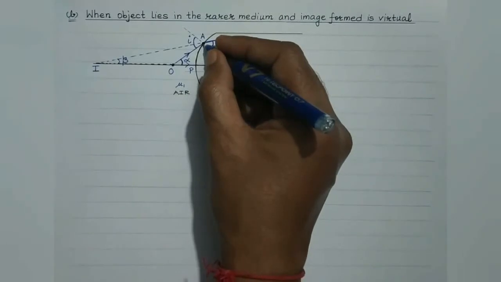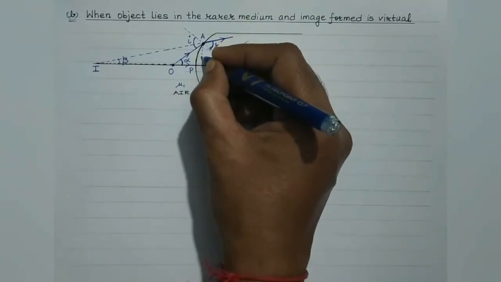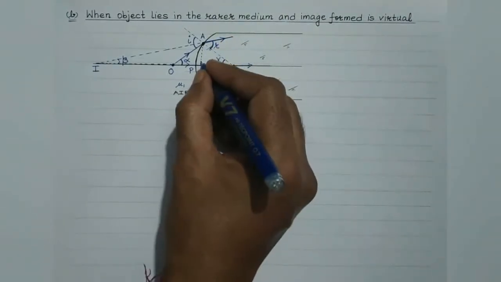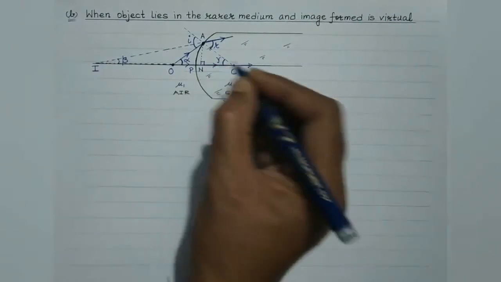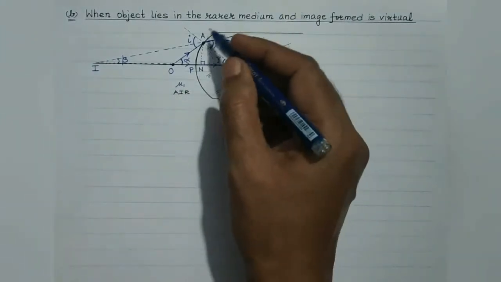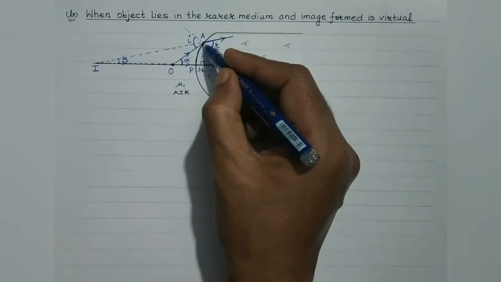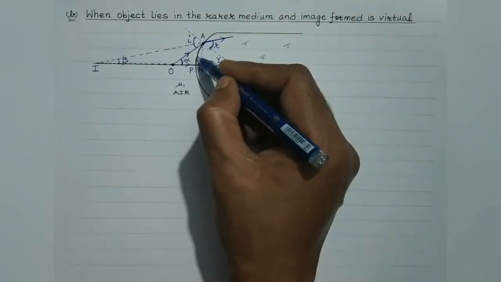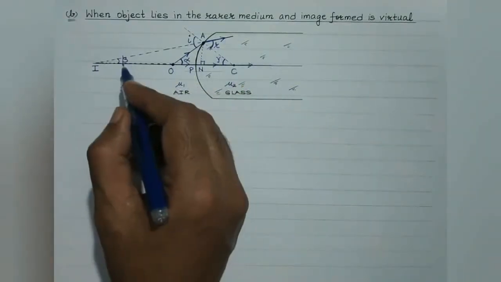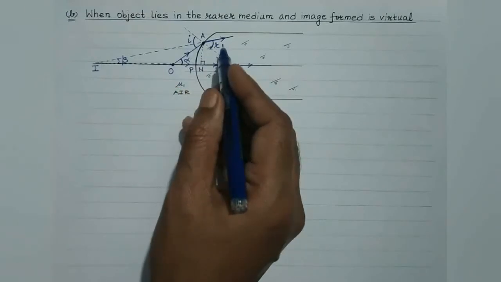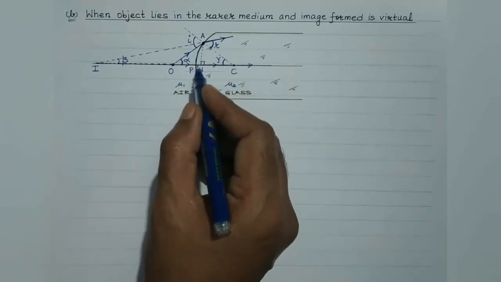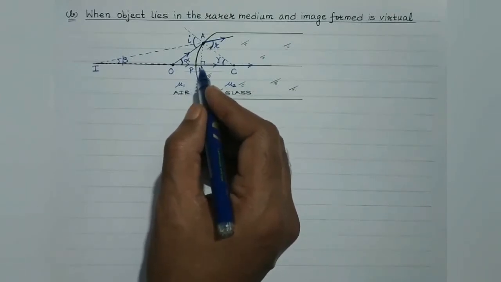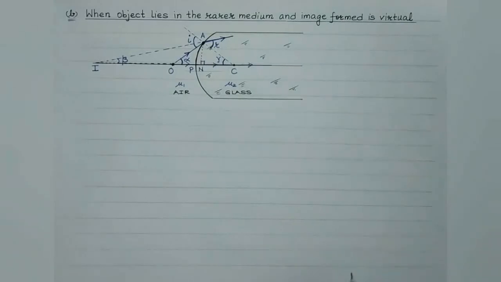And drop a perpendicular from point A. This is point N. As we have considered the aperture to be very small, point A will lie very close to point P. So in such a scenario, alpha, beta, gamma would be very small, angle I and angle R would also be very small, and point N will lie infinitesimally close to point P. So for all practical assumptions, we can consider points P and N to be coinciding with each other, right?